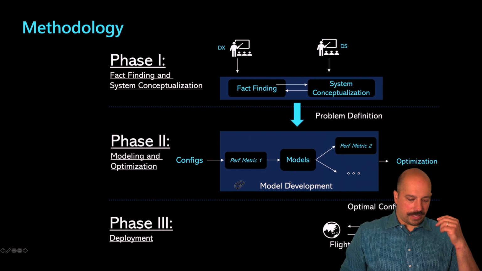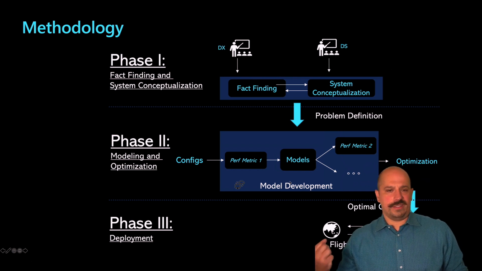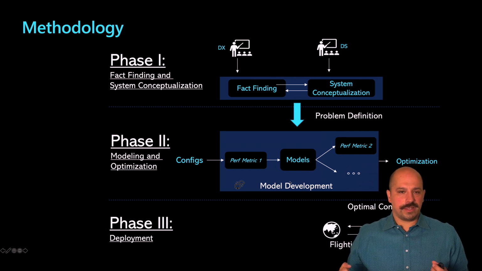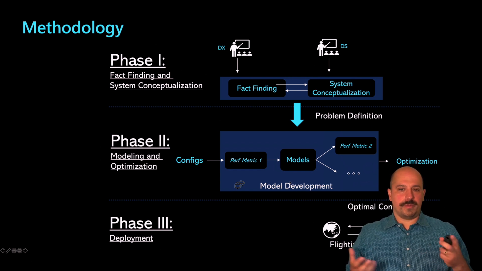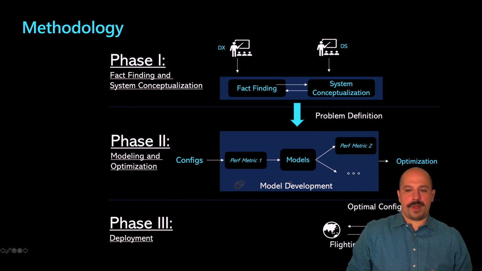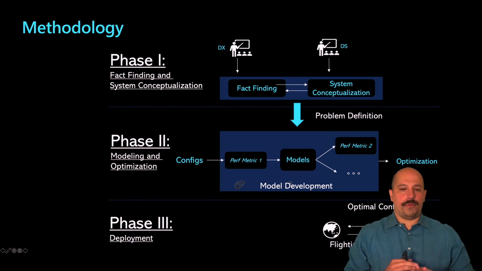Very often, the domain expert states some facts that are believed to be true in the system, and the data scientist collects data, measures and validates these insights, and constructs a definition of what needs to be optimized and what control parameters we have. The output of this is a problem definition. We fundamentally understand the configuration parameters, we understand what optimization we're trying to achieve, and we have some idea of what needs to be done in terms of modeling in the middle.